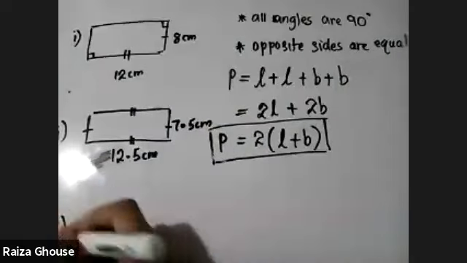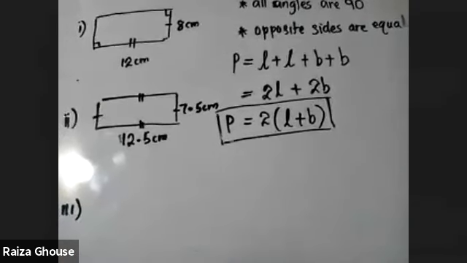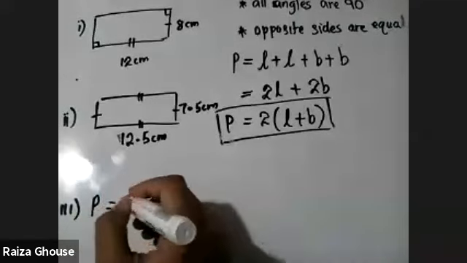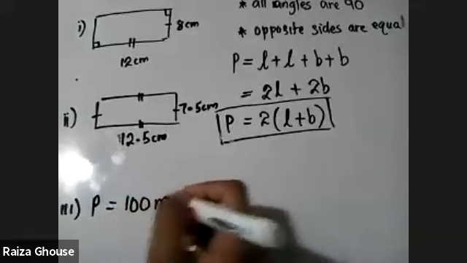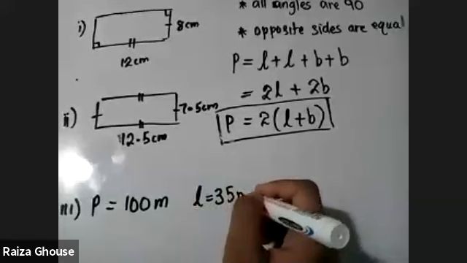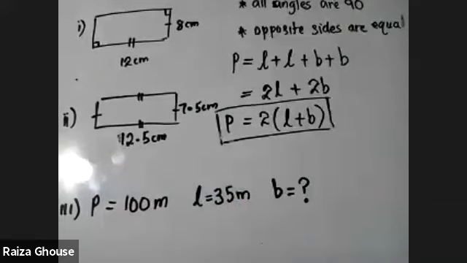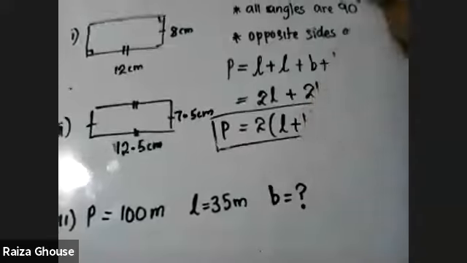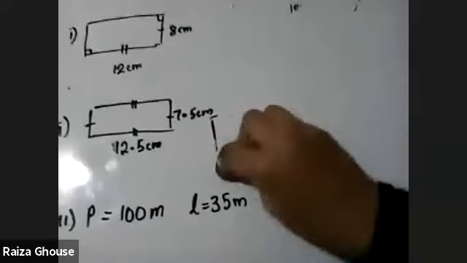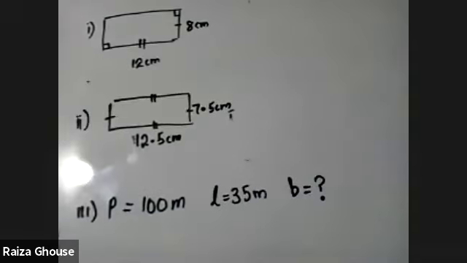And third one is different. Third one, I'm going to give you the perimeter 100 meters. You should find out the breadth. I'll give you the length also, 35 meters. Breadth is unknown. Now complete these 3 questions and send the relevant answers in the chat box. Mention the Roman numbers and send. Use the formula. It will be helpful.